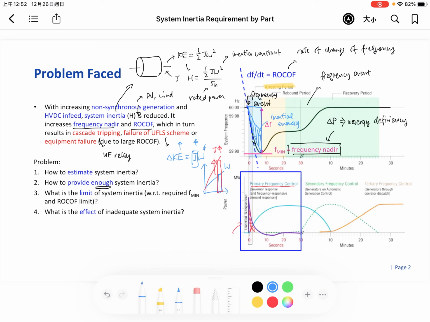So the first one, inertial response, is mainly to arrest. And the second part, primary frequency control, is to rescue the frequency drop, which is to fill up this part, to push the frequency back to the normal frequency.